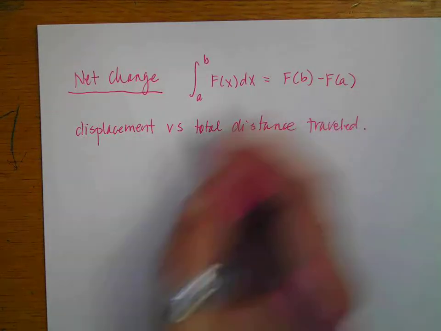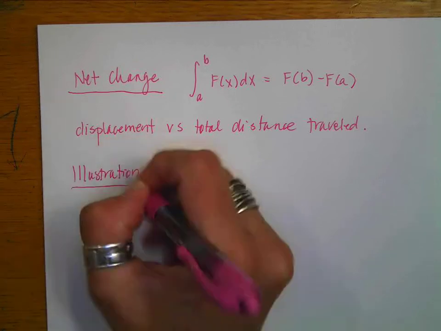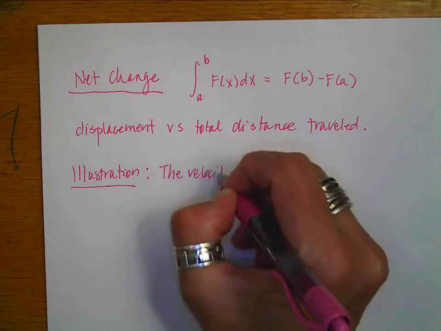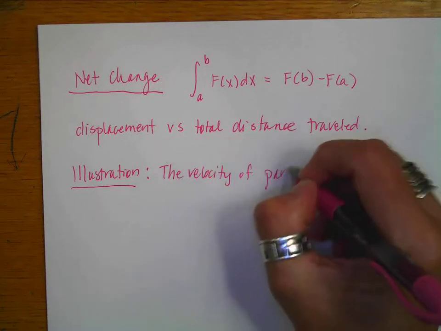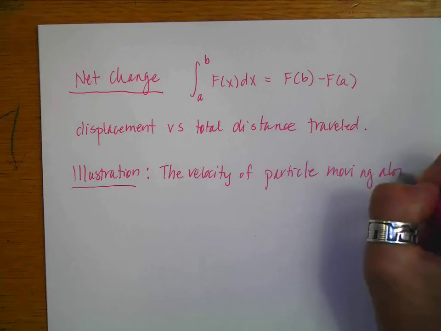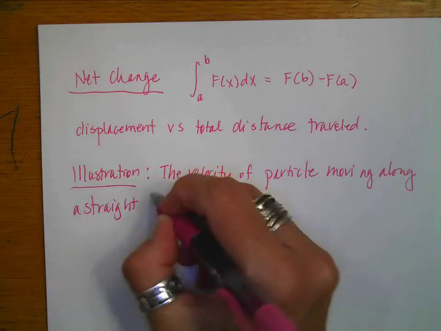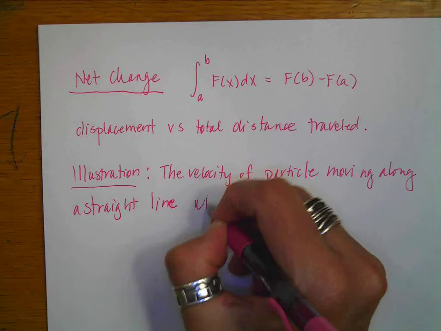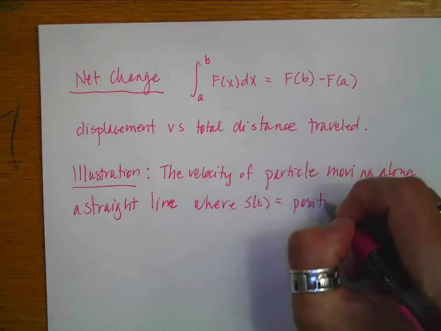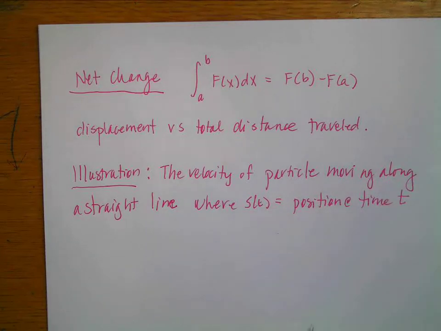Okay. So let's do an example, or I guess it's not really an example, but an illustration. And then we'll continue this discussion in a minute. This says the velocity of a particle moving along a straight line, where s of t is equal to position at time t.